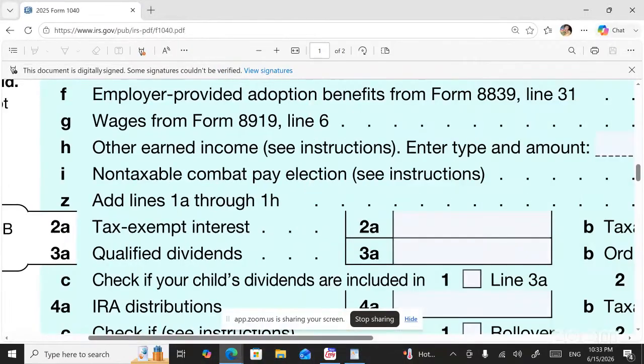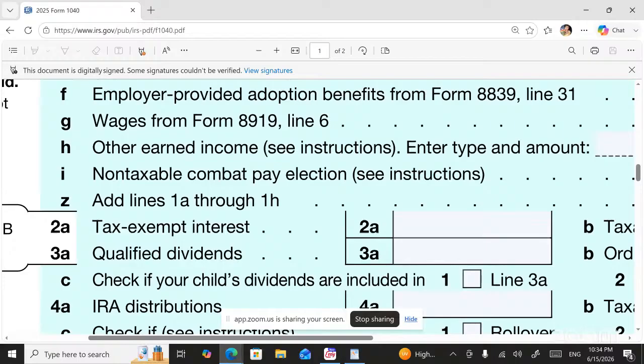The item itself is non-taxable. 1I, non-taxable combat pay election. Why is the word election included? Again, the option is given to the employee. If he wants to include that item for the purpose of calculation of the other tax credits, he can include it.